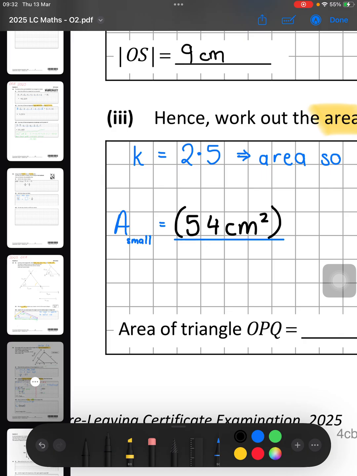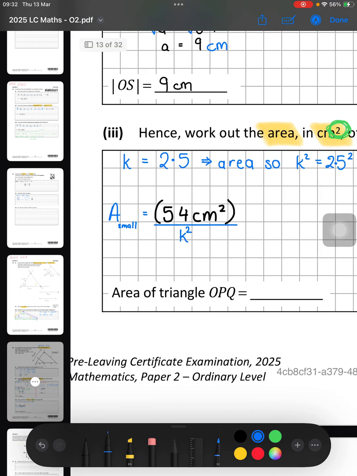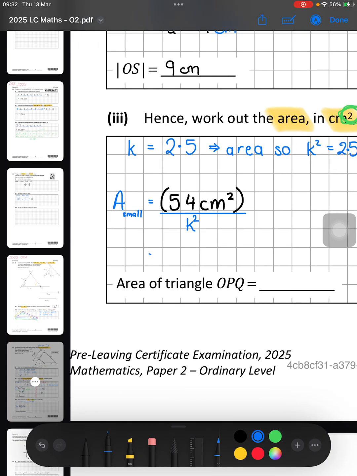If it was a length, then it would just be by my scale factor. But it's not just a length, it's an area. So look at my units. It was centimetres squared, so it's being divided by k squared.